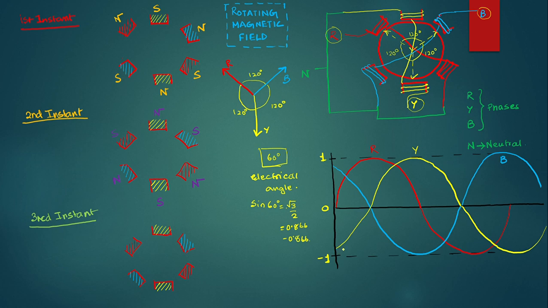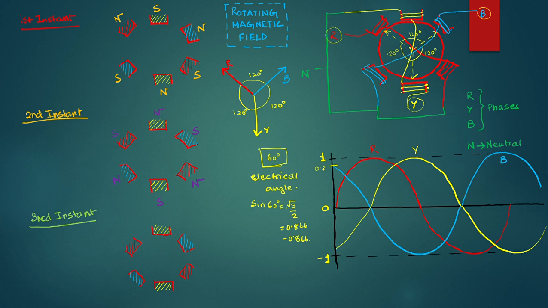So here we can see that, let's say, the R phase is starting from angle 0, or value 0. It continues with the signal, and as the other phases are electrically 60 degrees apart, the values are near to 1.